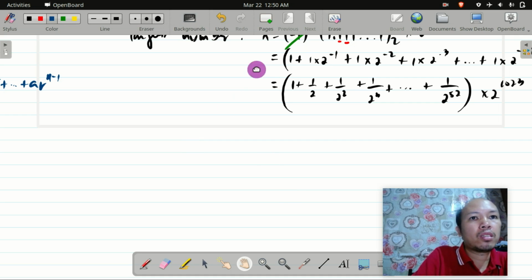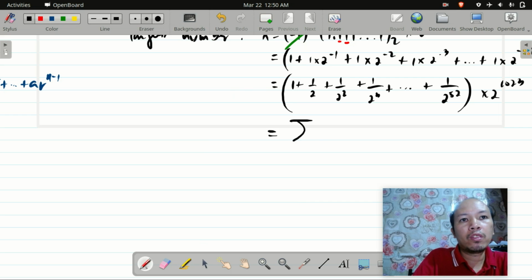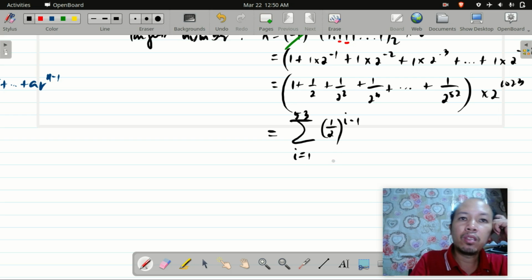So we can write this one as summation of 1/2 to the i minus 1, where i starts from 1 to 53. Why is that? When i is equal to 1, 1 minus 1 is 0. A number raised to the power of 0 is 1.